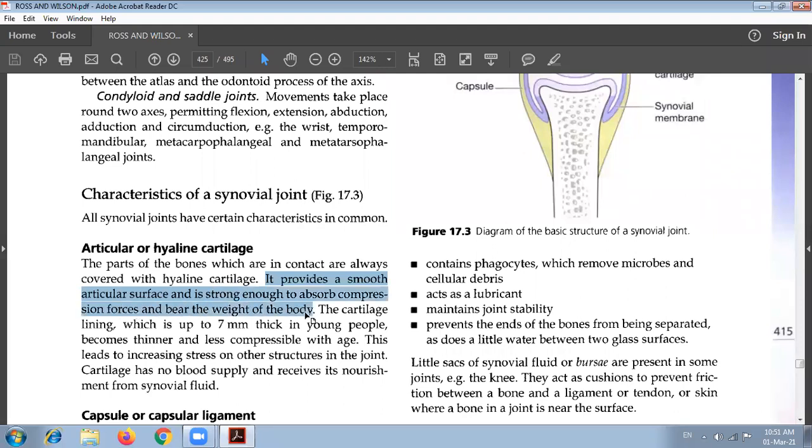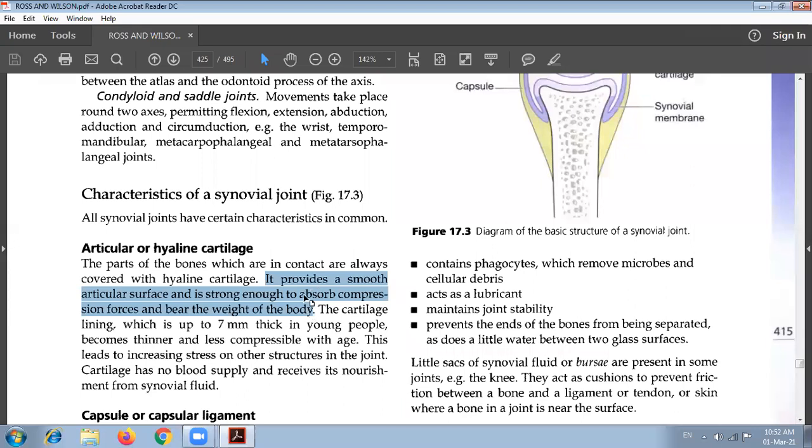When we are jumping or walking, this cartilage prevents friction and compression between the two bones. All the body weight is borne by this hyaline cartilage, and this gives shock absorbing capacity to our synovial joints.